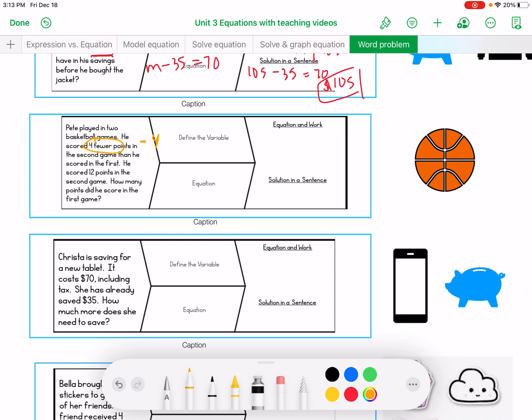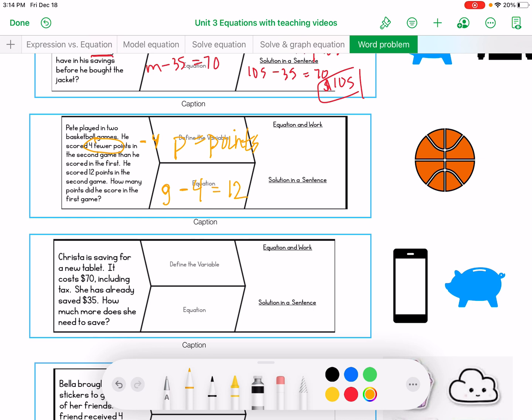How many points did he score in the first game? So they're asking us points, so P is going to be for points. That's my variable. I know I'm going to have to take 4 away. He scored 4 fewer points in the second game than the first game. So G is my first game, 4 fewer points, and he scored 12 points in the second game.